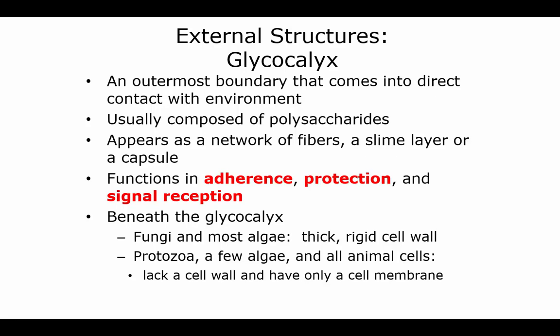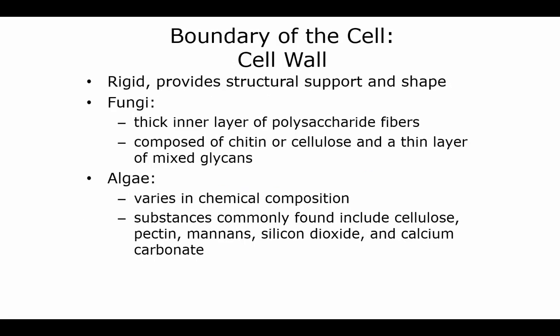It functions to help the cell adhere to things, for protection, and also for signal reception. And beneath the glycocalyx, there's a thick, rigid cell wall in your fungi and most of your algae. But the protozoa and some other algae and the animal cells don't have a cell wall at all. They only have the cell membrane.